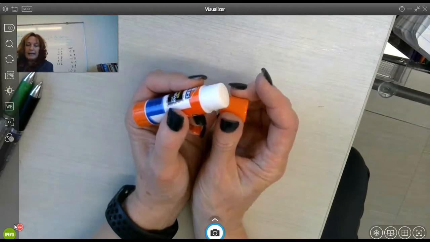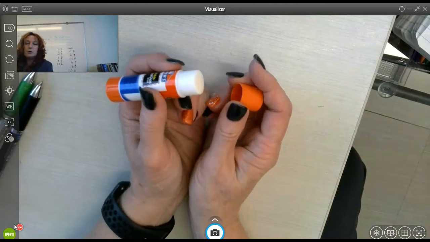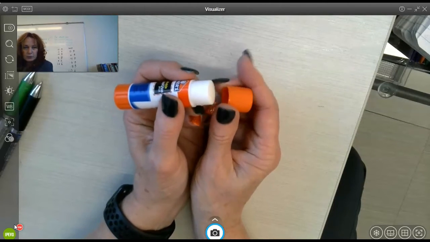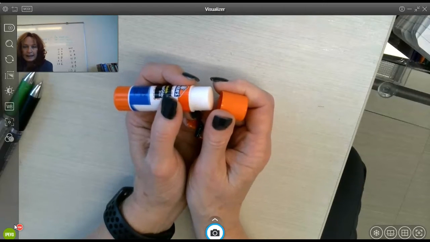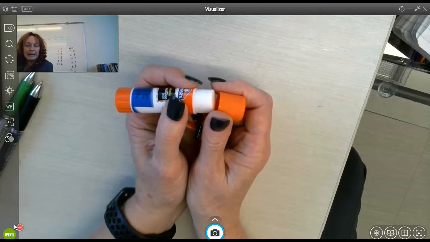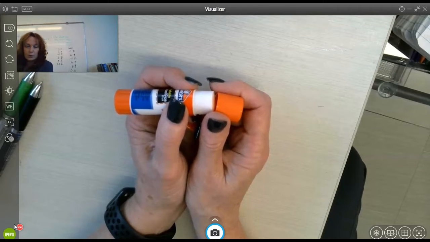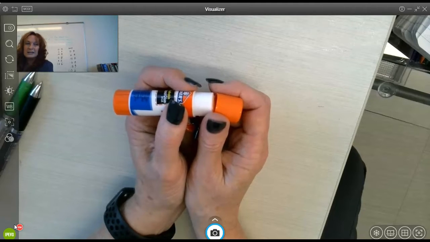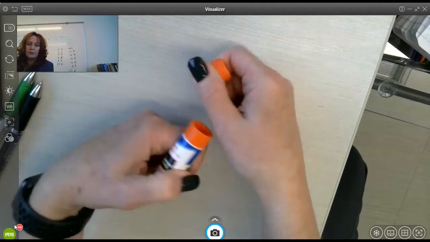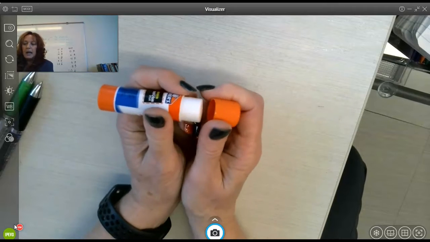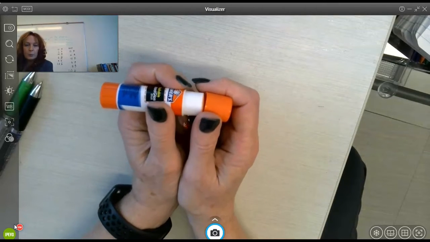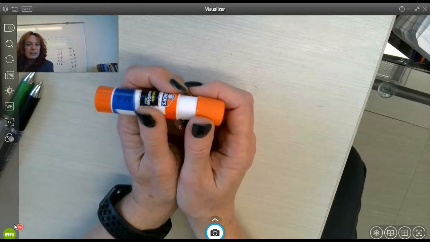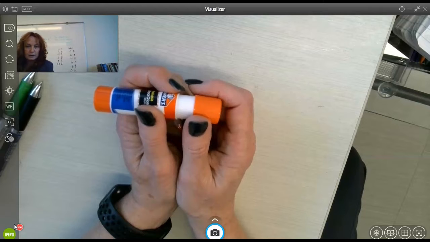If you think of my hands as one enzyme, in the active site there's a perfect place for this glue stick to sit and this cap. And so what would happen naturally, as long as they were in the right orientation, is now there's no wasted or needed energy for them to get to this place. I've taken all that out and put them in the spot where this should occur. That's how enzymes lower activation energy.